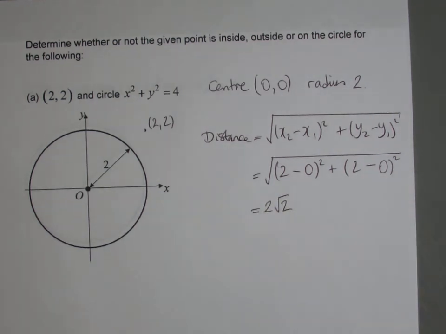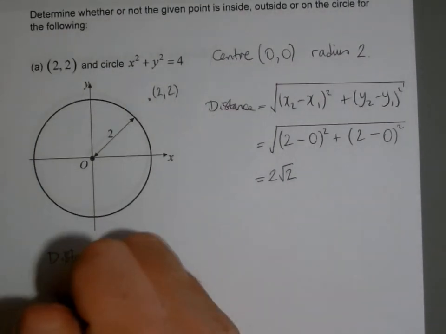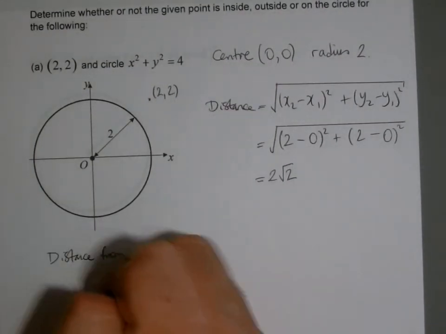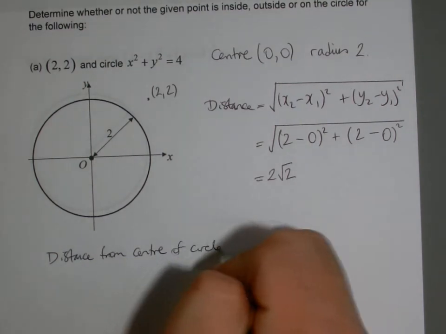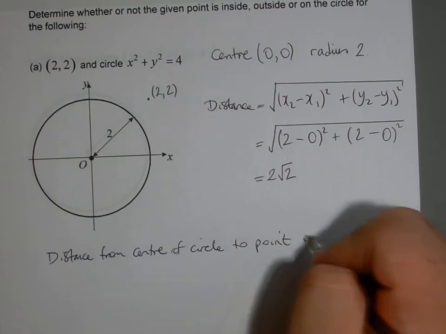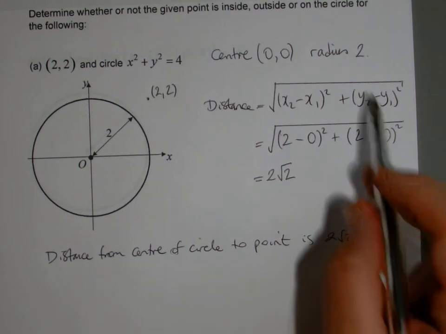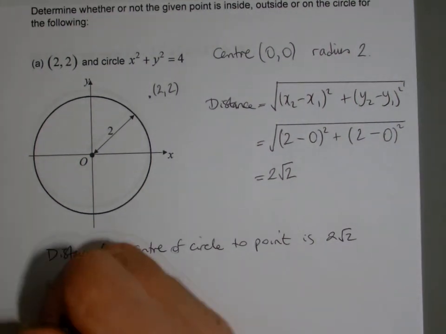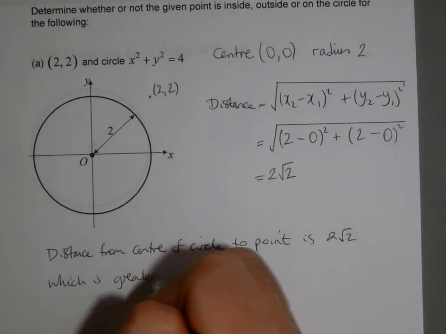So what we've shown here is that the distance from the center of the circle to the point is 2 root 2. But 2 root 2 is greater than the radius of the circle.